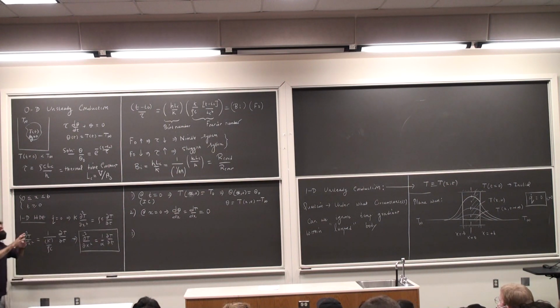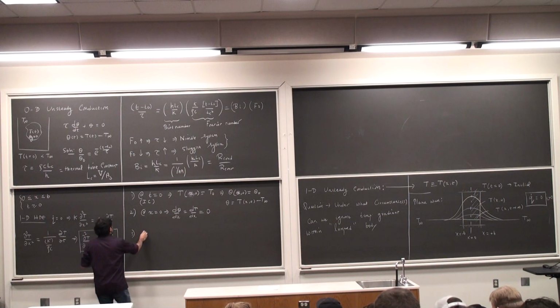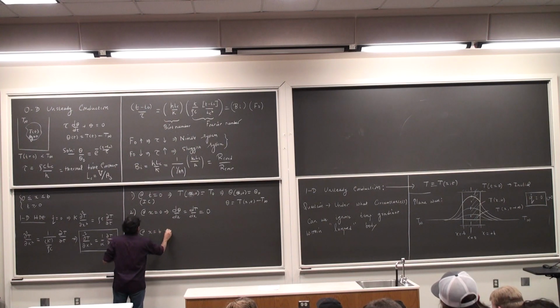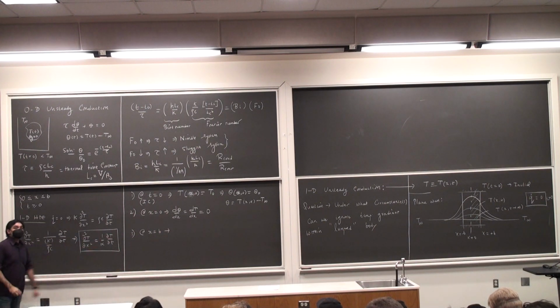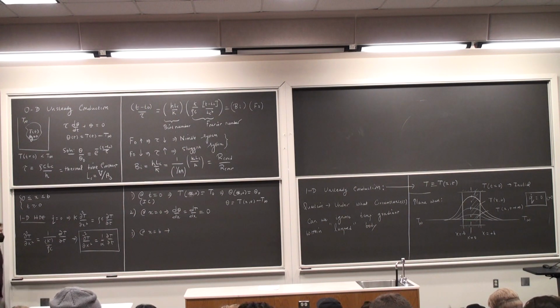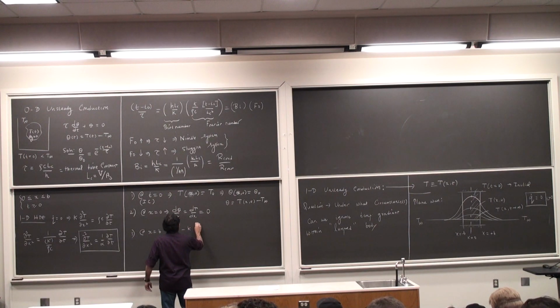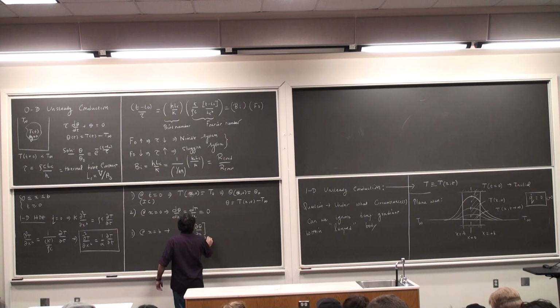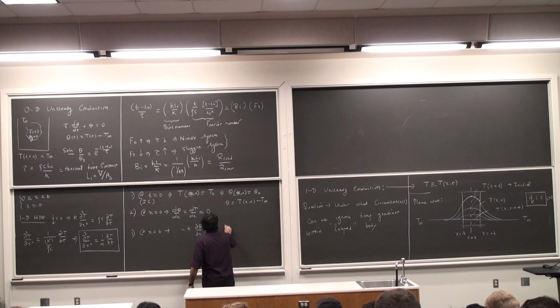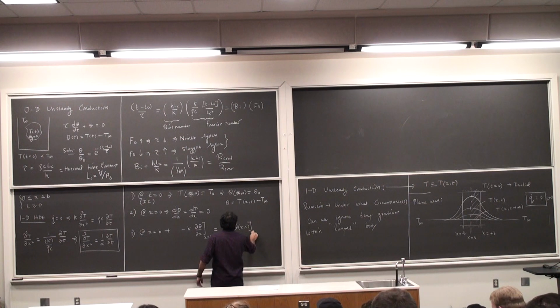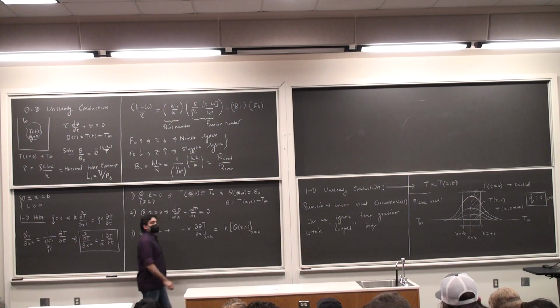Third boundary condition is that at x is equal to plus b, I am open to ambient atmosphere. So at x equal to b, the conductive flux coming out is equal to the convective heat transfer flux. So minus k d theta by dx at x is equal to b is h times theta at x is equal to b.